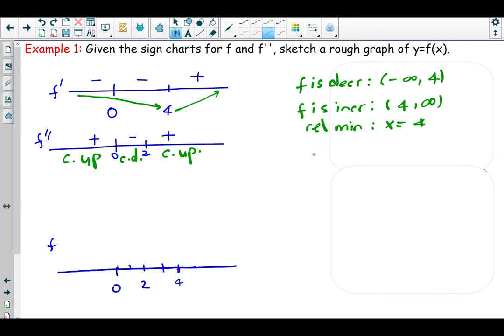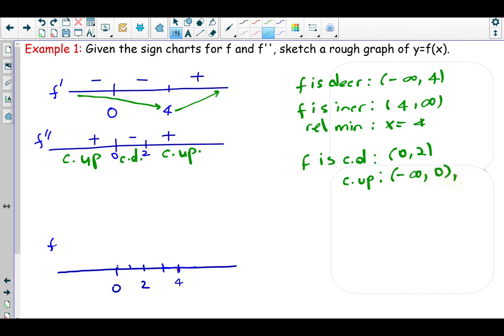So let's write it down. The graph of f is concave down over the interval from 0 to 2, and concave up from negative infinity to 0.